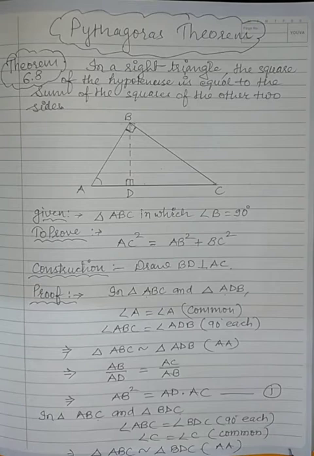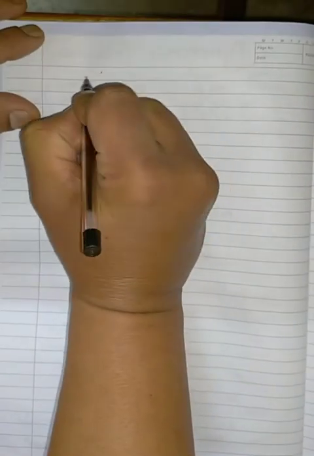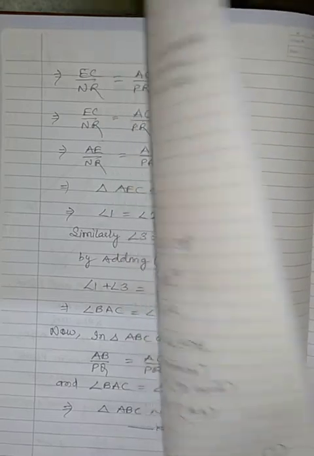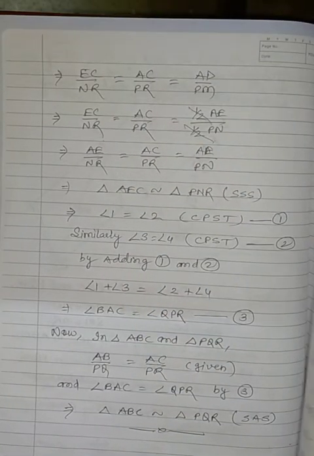So we have BC upon DC is equal to AC upon BC.